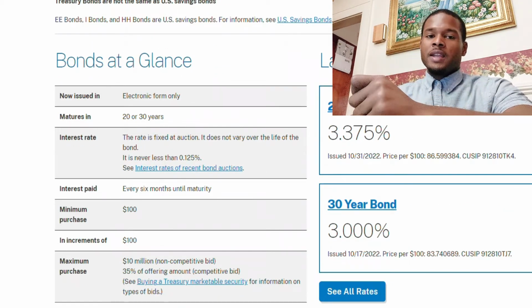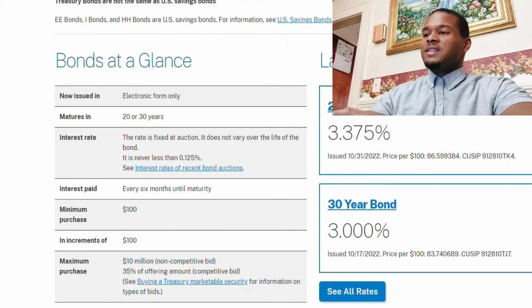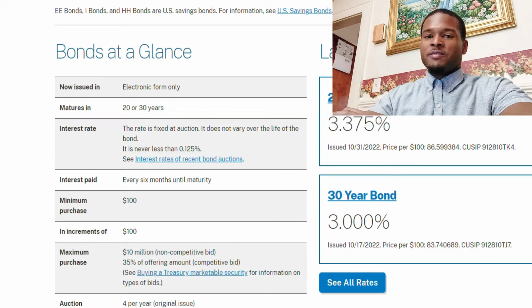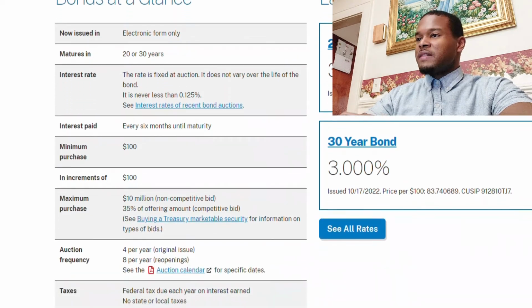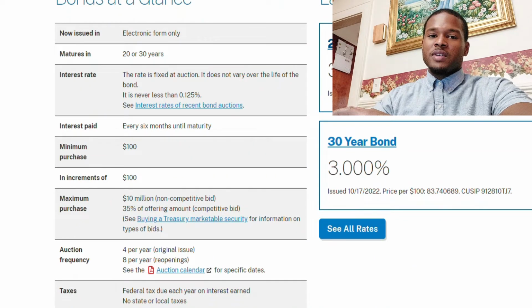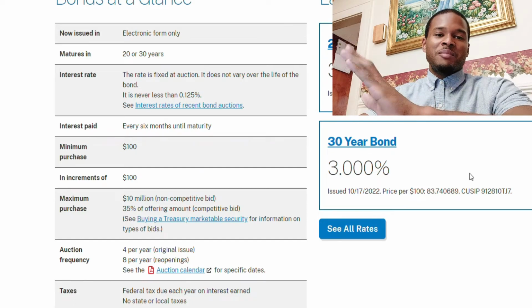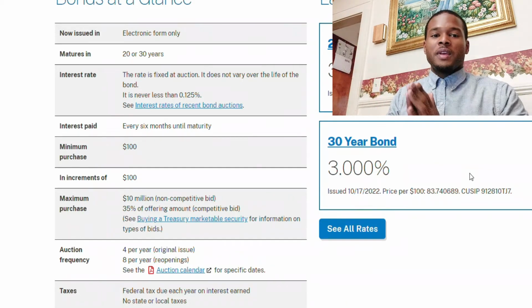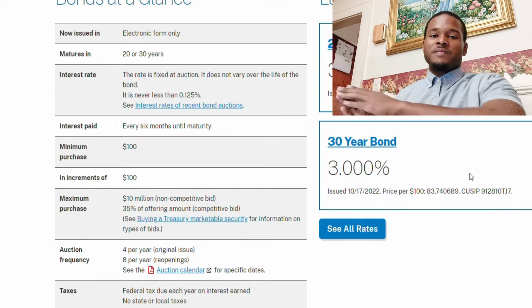You bid for a bond, and the highest bidder wins, basically, and then you lock it up for 20 years and get a fixed interest rate. This bond is selling right now for 3.375% interest, and they have all different types of bonds as well. I'm not gonna get too deep into that.